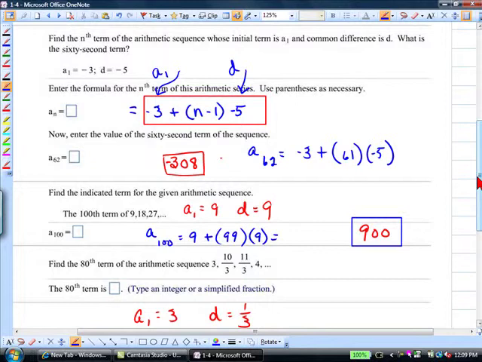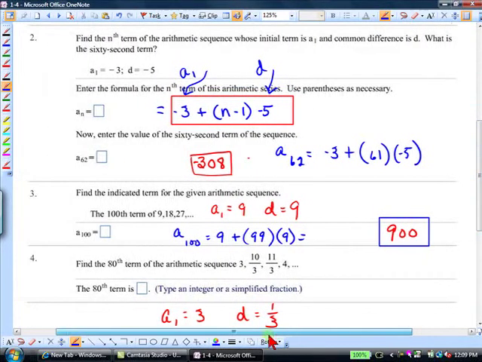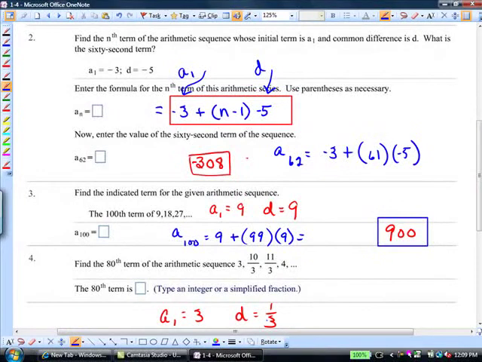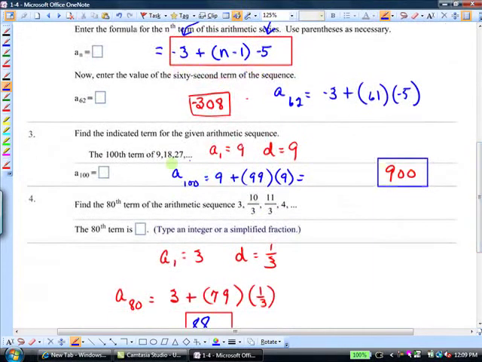Yep. All right, now the next one says find the 100th term, but it didn't give us anything except the terms of the sequence. Gave us 9, 18, 27. So in order to work on that, we've got to decide what a sub 1 is and what d is. Well, the first one, a sub 1 is 9.